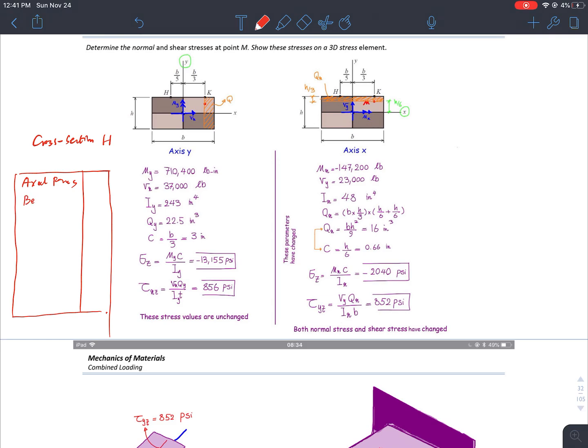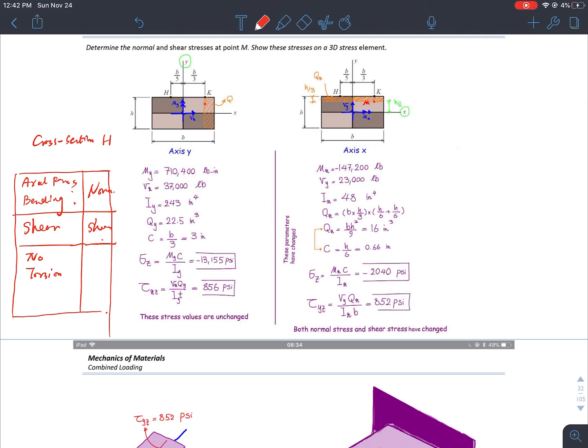I have a bending moment. I have a shear, but I have no torsion. So corresponding stress, I have normal, I have shear. So normal stress comes from axial and bending, and shear from the shear forces.